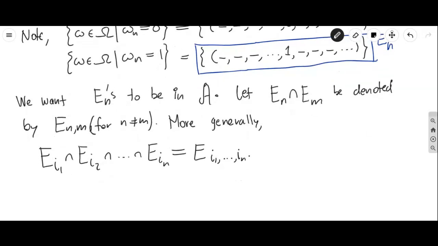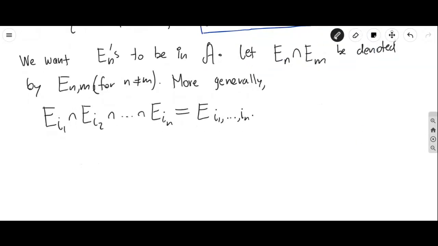And because the order does not matter, whether you write En and Em, or Em and En, we also can assume that they're different, so you can just assume they're written in ascending order. Okay, so more generally, let I be a multi-index. So what is a multi-index?